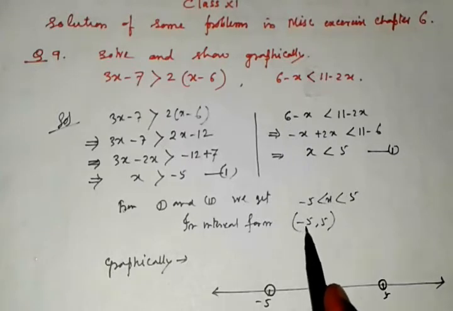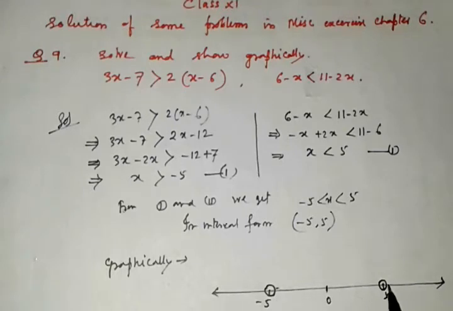We cannot take minus 5, so we cannot darken this, and this also we cannot darken, but this portion should be darkened. This portion is the solution for this problem. This is minus infinity, this is plus infinity. So this is the solution for this problem.